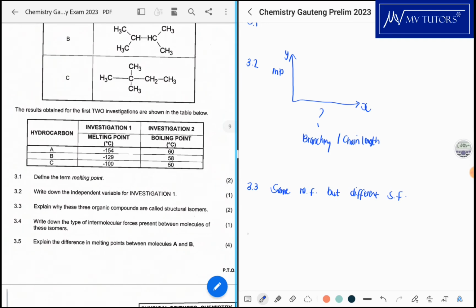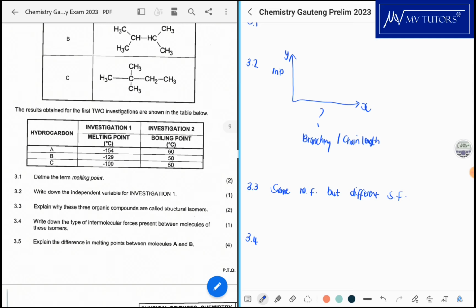Now 3.4, write down the type of intermolecular forces present between molecules of these isomers. All right, so when it comes to organic compounds, there are two distinct intermolecular forces. You either have the strong hydrogen bonding, which we find in carboxylic acids and alcohols, or you have your weak intermolecular forces like your London forces, your dipole-dipole or dipole-induced dipole forces.